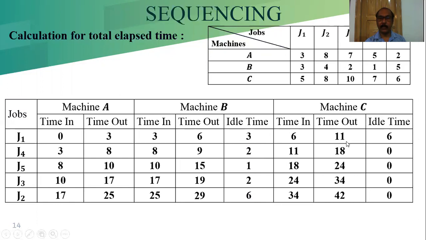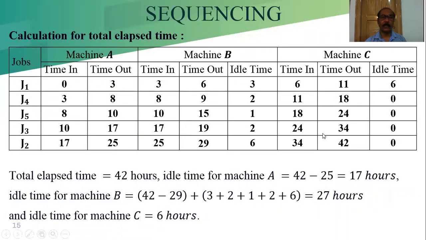And the idle time for the machine C is 6 hours. Now we move to the final table. This is the final table, and from here we calculated our elapsed time and the idle time for the machines A, B, and C. The completion time, that is the timeout for the last job J2 in the machine C, is our total elapsed time.